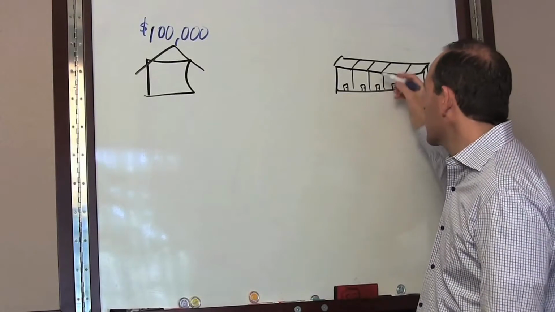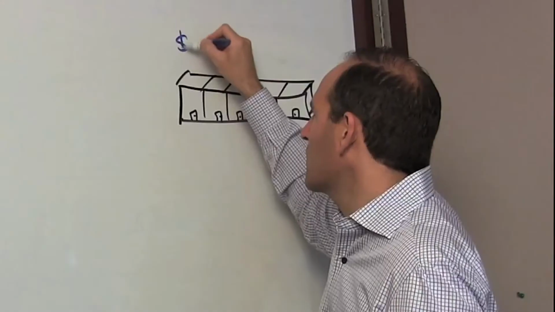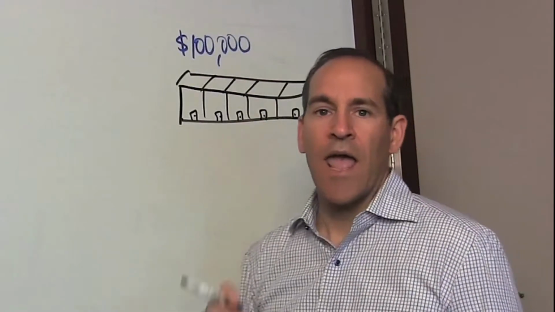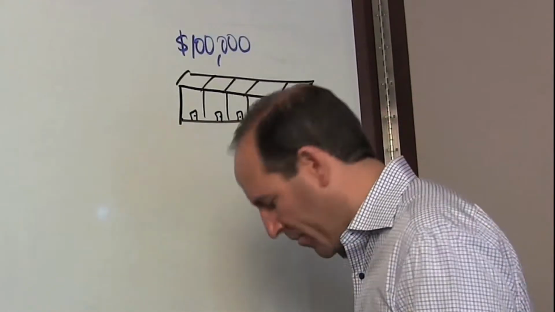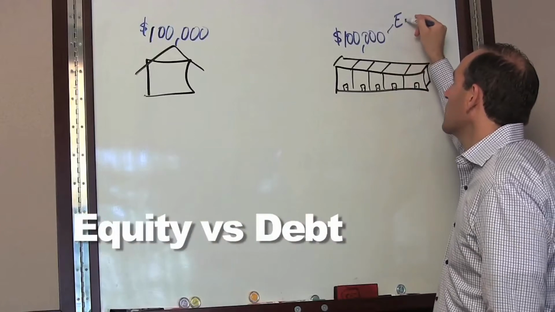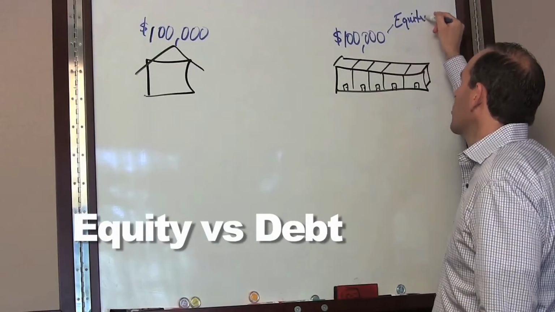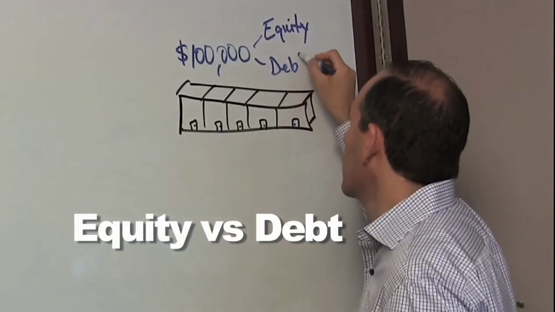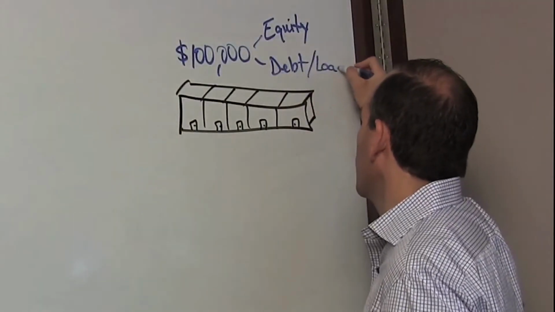Now, in the other case, you're going to put $100,000 in as an investment in a multi-tenant commercial property. Now, that can work one of two ways. You can either do this also as equity. That means you're part owner. Or you can do this as debt, or it's also called a loan.